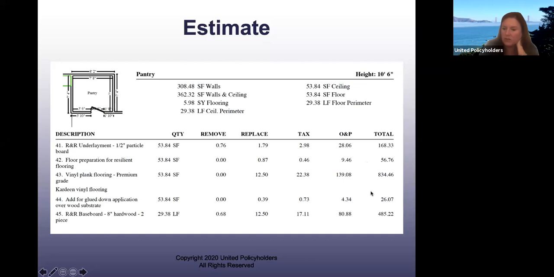Okay, so I'll talk about that a little bit. The initial payment is actual cash value. Remember how at the beginning I was talking about replacement costs. Your policies are replacement cost, but there is a provision that says they only owe actual cash value until the property is repaired or replaced.